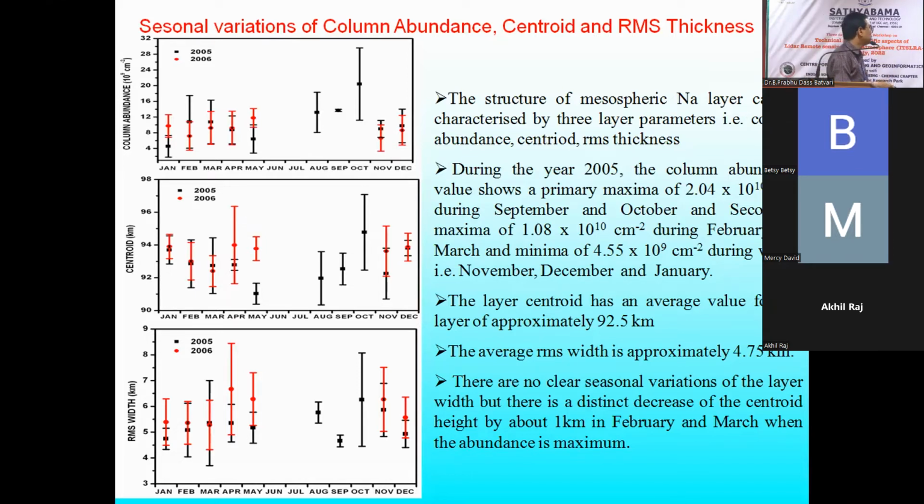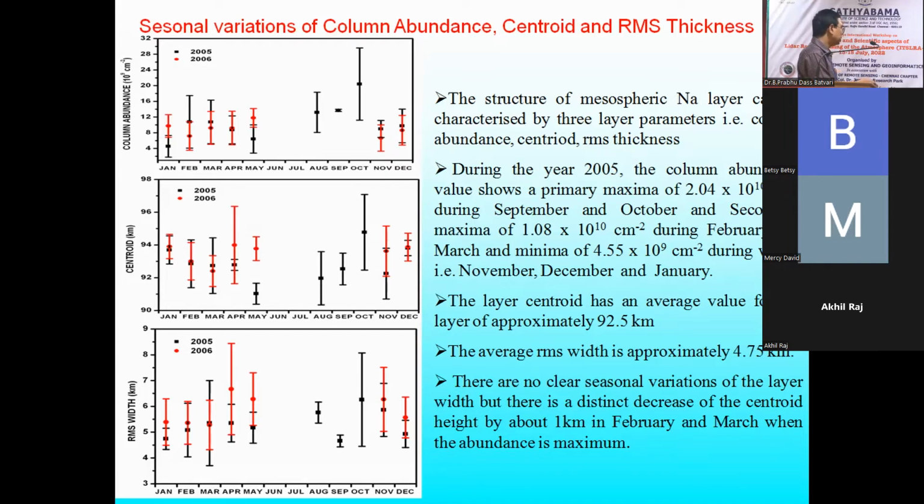This is also a seasonal variation for the two years, 2005 and 2006, that we have observed. The values are not important. What I want to convey is that the sodium concentration should be maximum during March as well as in October and November.